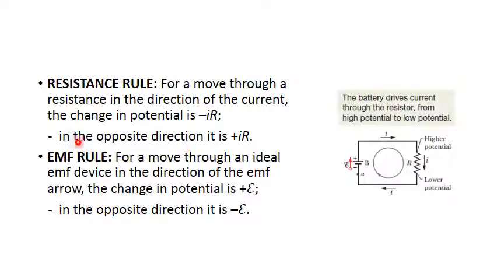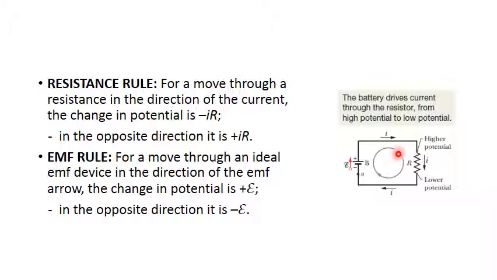On the other hand, for the EMF rule, if the assumed current is in the same direction as the electric potential of the EMF source, the EMF source will be taken into consideration with a positive sign. So for a move through an ideal EMF device in the direction of the EMF arrow, the change in the potential is positive.